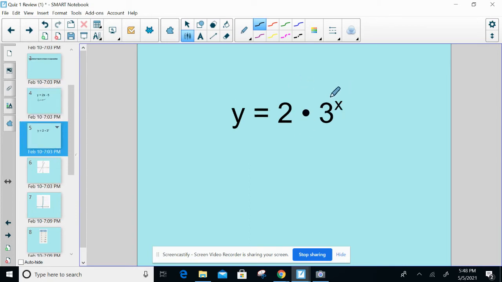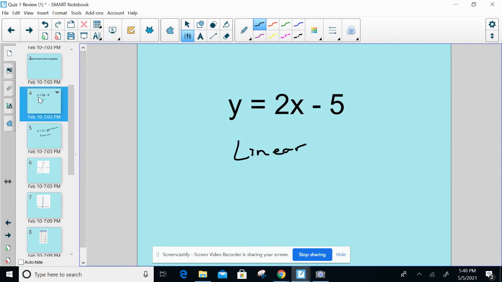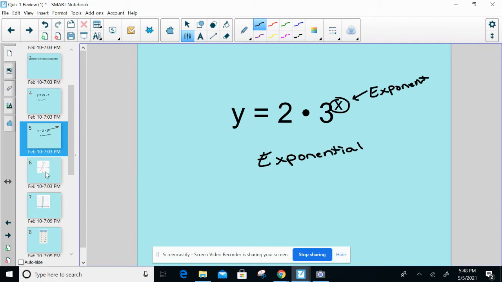The x here, it's an exponent. So this is exponential. If you want to just put exponent, you could. We were doing that in class, but exponential is what you want, all right? So equations that we've dealt with, linear.